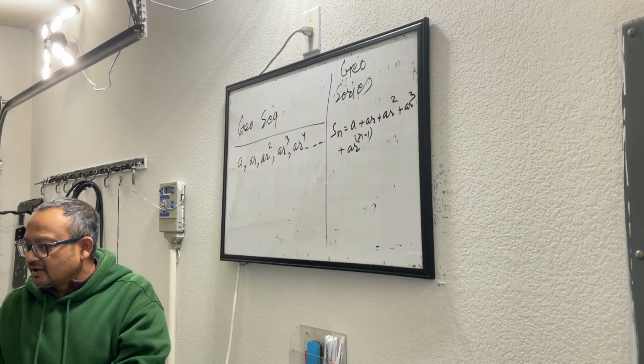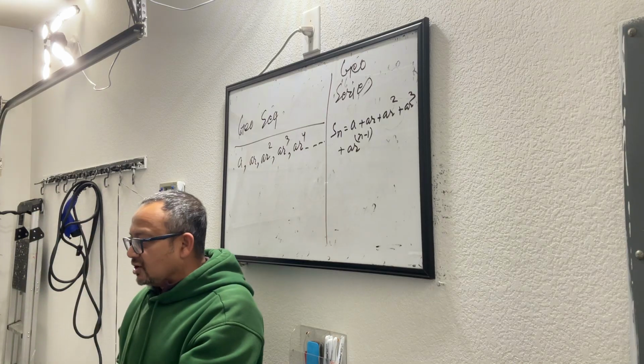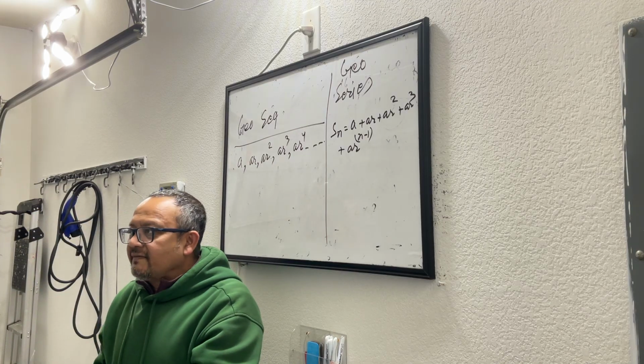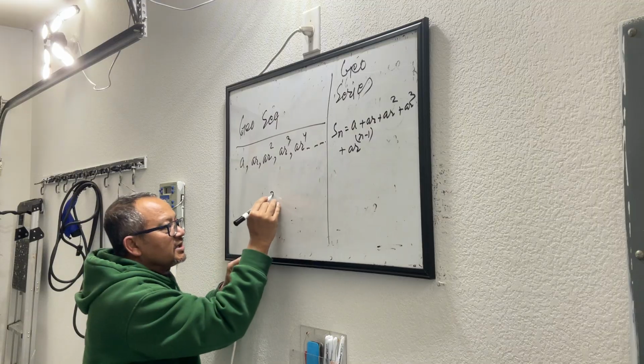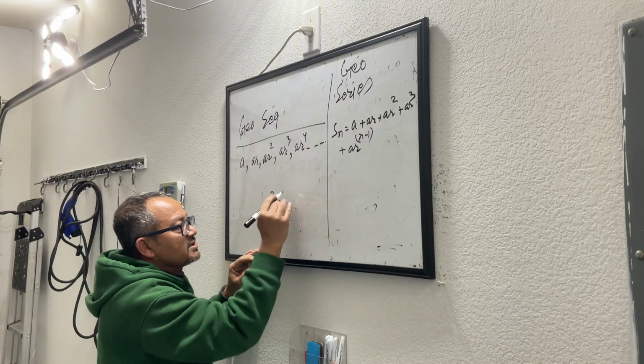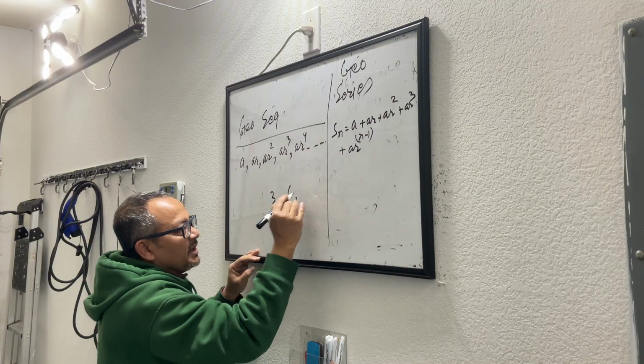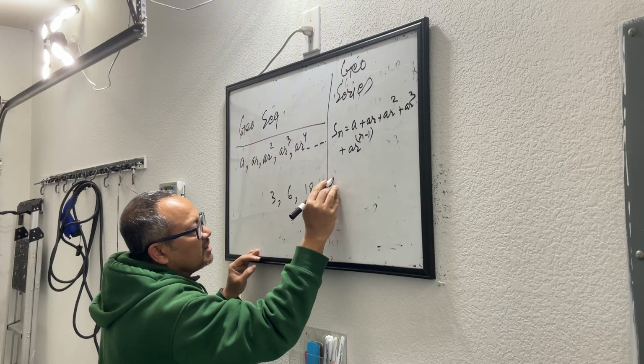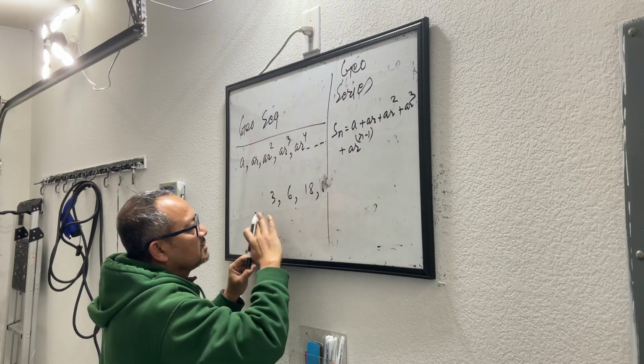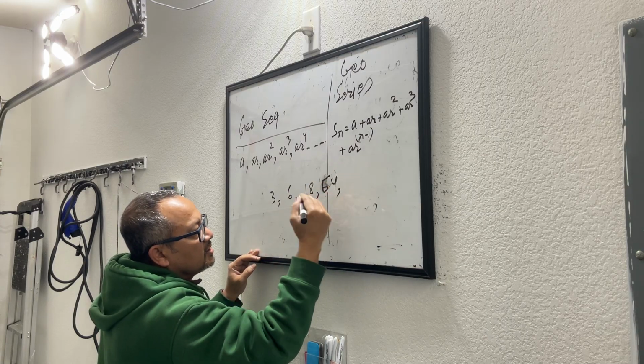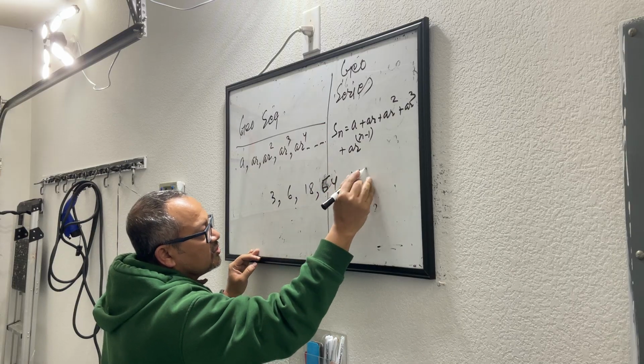Okay? So if I want to torture you guys, I will say, I have a geometric sequence 3, 6, 18, 20, 54, 162.